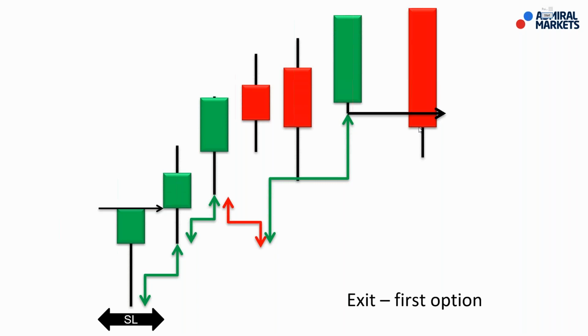And the closer I am to my final target, the closer I guide my stop. If I'm very close to my final target, I use this stop guiding by movement under the attention of inside and outside bars.